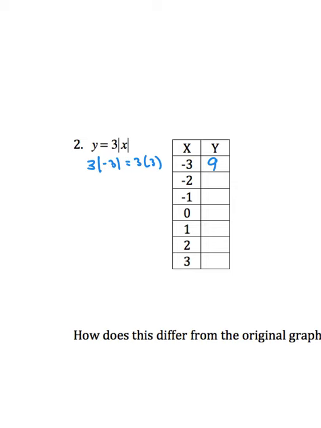We would have 3 times the absolute value of negative 2, which is 3 times 2, which is 6. And then same thing with negative 1, 3 times 1, which is 3. And then I can fill in the rest. This would be 0, 3, 6, and 9. If you want to plug them in to prove that I'm right, go right ahead.